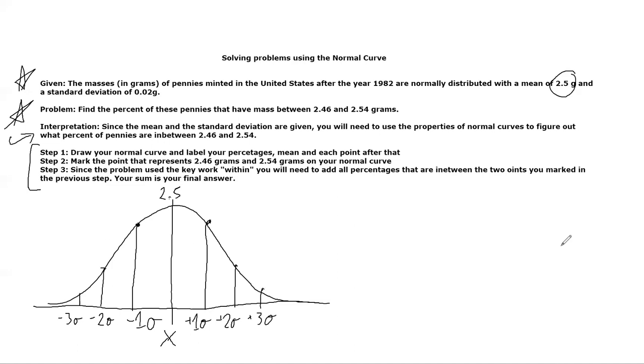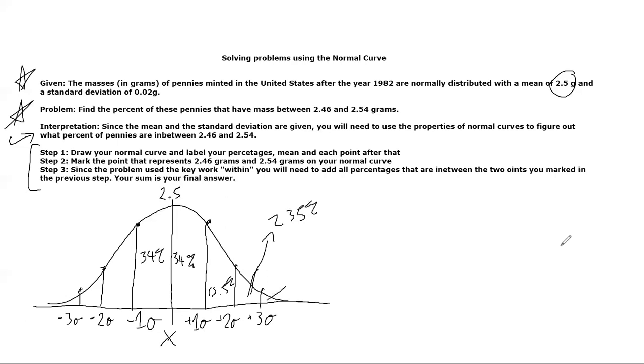So far, I've drawn my curve. Now, I want to put my percentages in so I don't forget. This one represents 34%. Again, these are not going to change, which is why I'm labeling them. 13.5%. This one is going to be 2.35%.